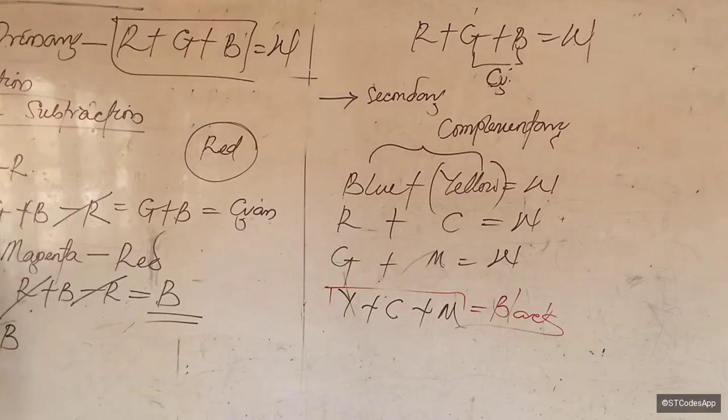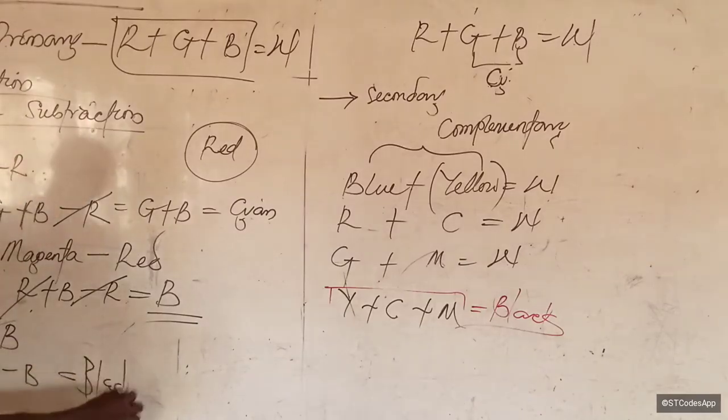Yellow is a combination of red and green, then minus blue light. There is no subtraction of blue light here because blue light is not a part of this. So what that basically means is that you're going to see black.